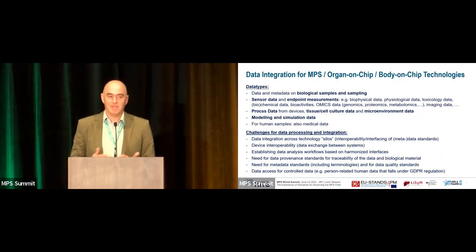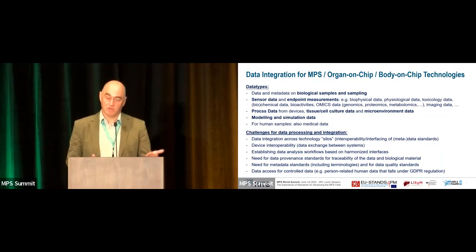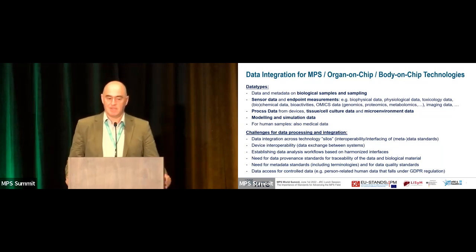There's a need for the data provenance standards. So provenance means that you trace back data to the original source, the original material, but also to the original raw data and pre-processed data. You also have the need for metadata standards. So metadata are these data that describe actually the data that comes out from your measurements and from your experiments. That includes also the terminology.